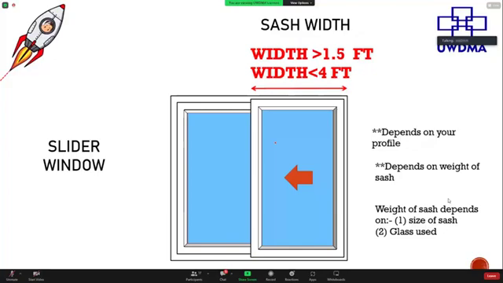And if we come to sash width, then it should be greater than 1.5 feet. Why am I telling 1.5 feet? Because just imagine a slider, as you can see, this is the entire width, right? And from this width also you will be subtracting this frame.